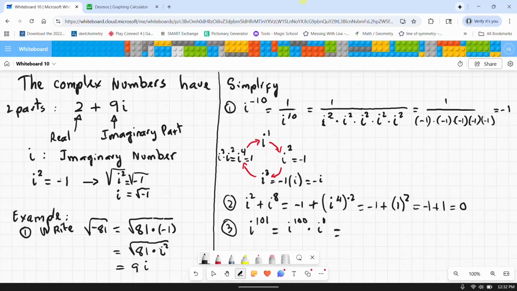Now because 100 is divisible by 4, I can write i to the 4 power, and then I'm going to put 25 out here, because 4 times 25 is 100, and multiply by i.